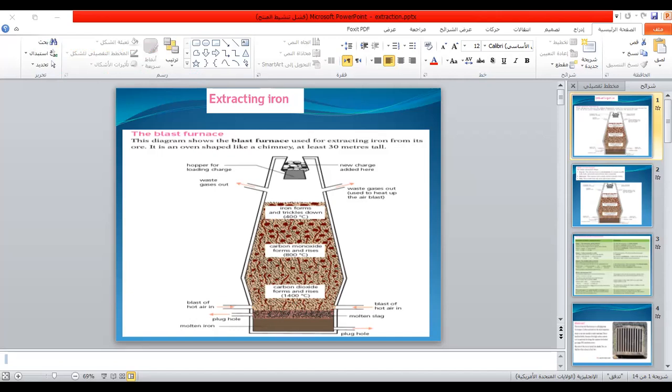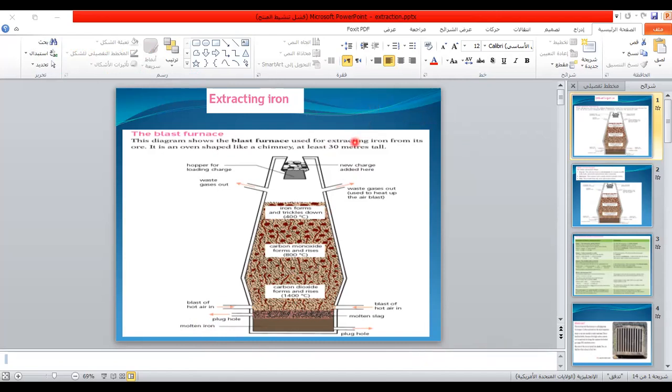We use this apparatus, which you can see in the slide here. This is called a blast furnace. Down here, hot air goes in, and here, hot air goes in as well.